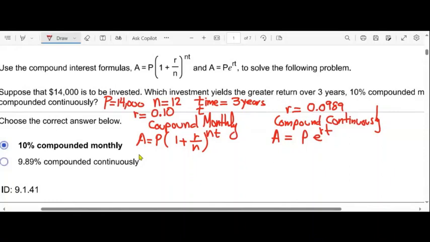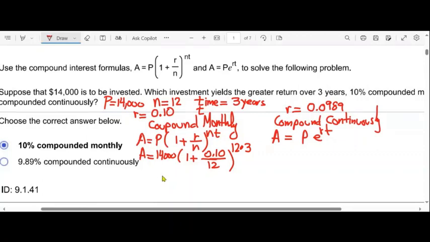I just need to apply the numbers. So ready? A equals, what's the principal? 14,000, right? Open parenthesis, 1 plus, how much is R? 0.1, correct? Over N, how much is N? 12. To the power of what? N times T, 12 times 3.